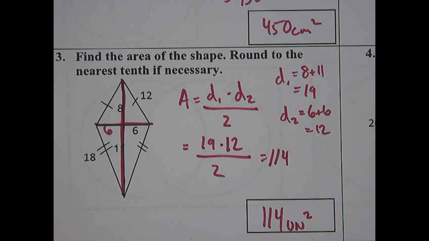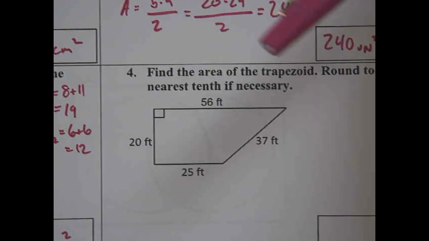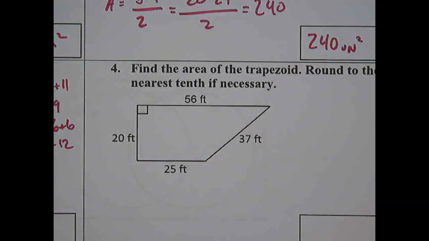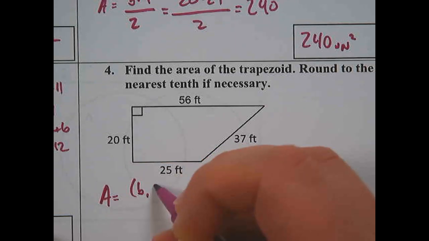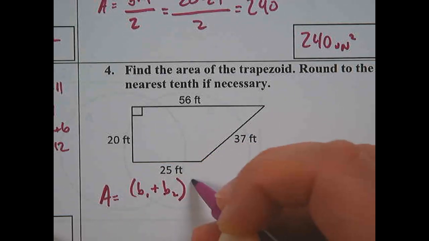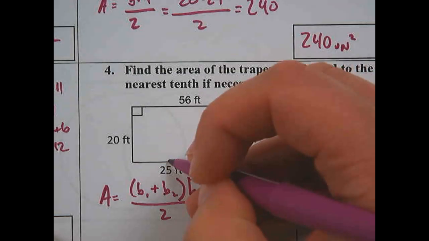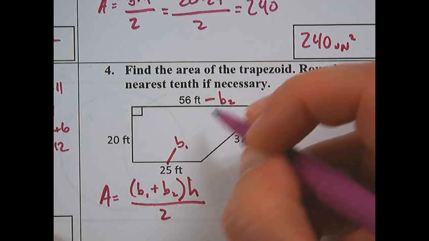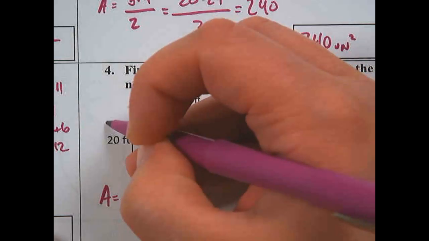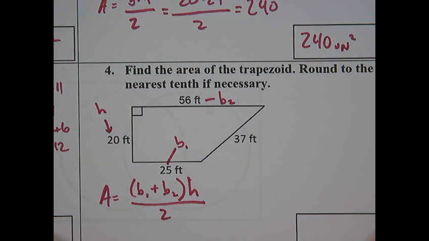Okay. And then finally, our last one, finding the area of a trapezoid. Remember, for area of a trapezoid, we have base 1 plus base 2 times the height divided by 2. This would be one of our bases and this would be the other base. It doesn't really matter which one's which, as long as we also recognize that this is our height, not 37.